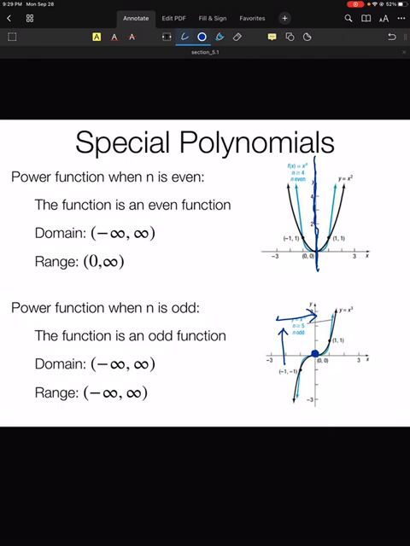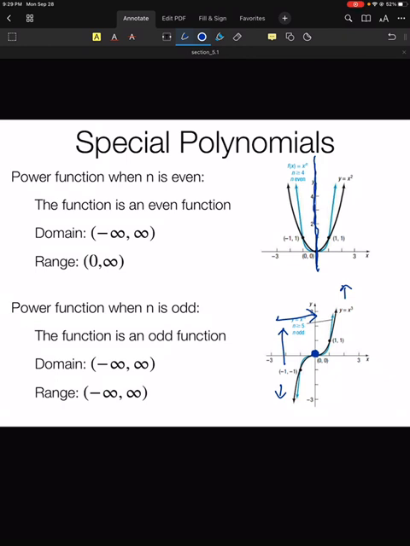That's an odd function, and the domain of a power function when the exponent is odd is negative infinity to infinity, and the range is negative infinity to infinity as well. So you'll see that it's going down to negative infinity and also up to positive infinity. Okay, so those are the power functions.